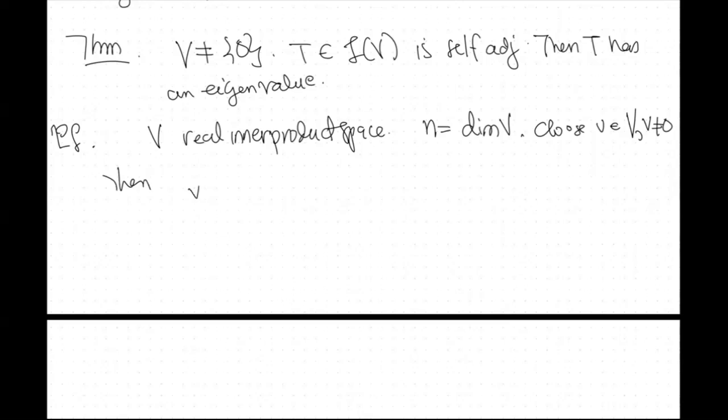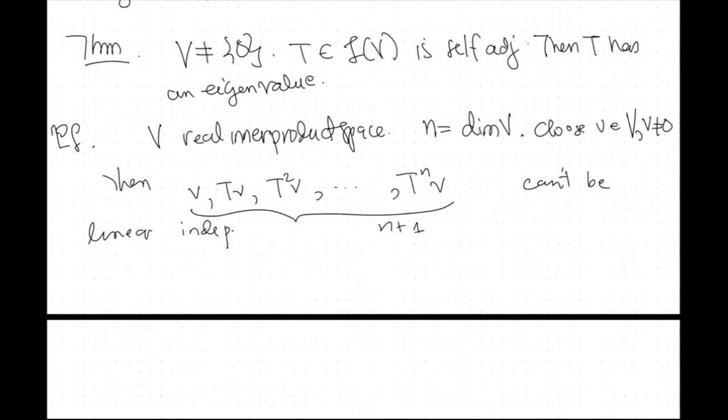Then v, Tv, T squared v, up to T to the n v cannot be linearly independent, because there are n plus 1 vectors and V has dimension n.